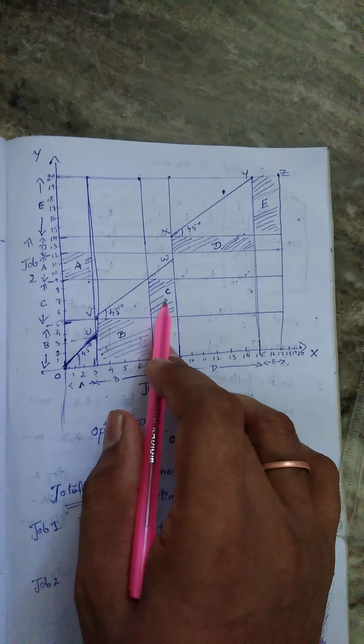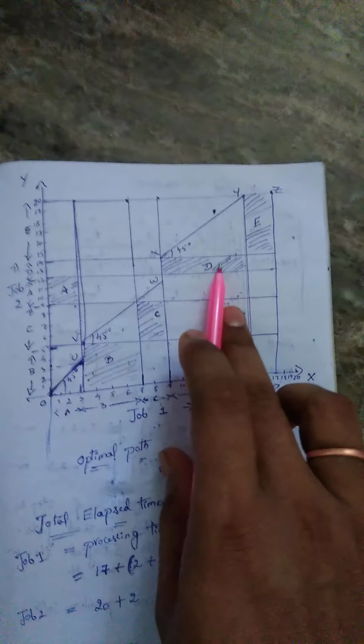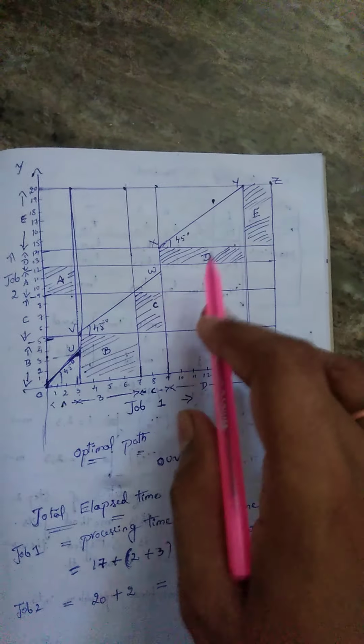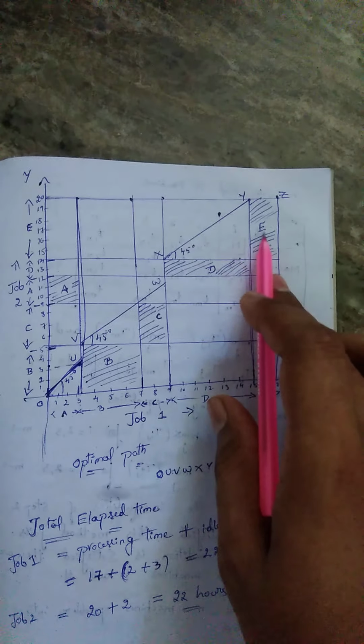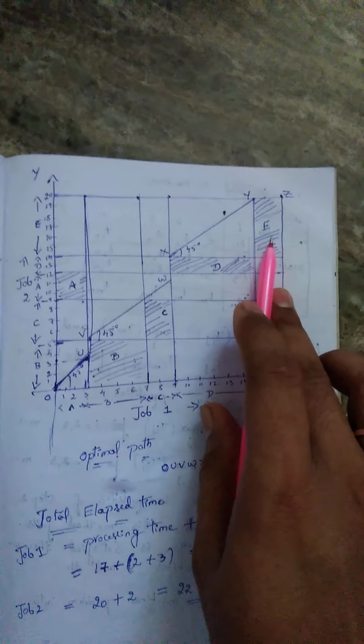This is the vertical and horizontal common point, and this is the horizontal and vertical common point of the D block, and this is the common vertical and horizontal point of the E block. Just we are identifying.